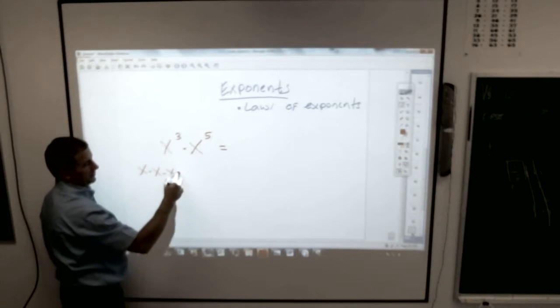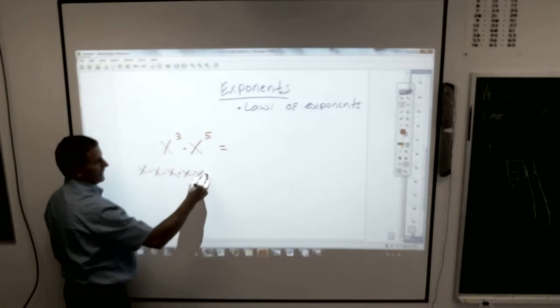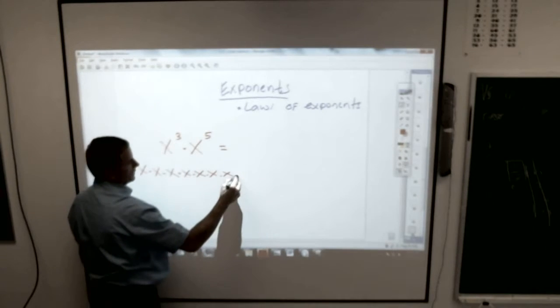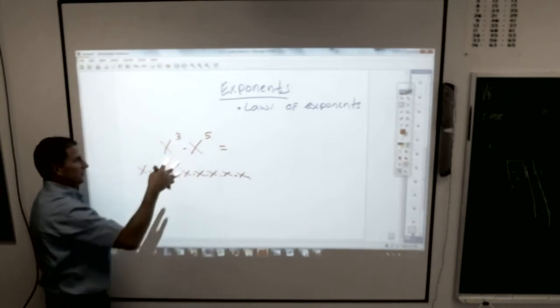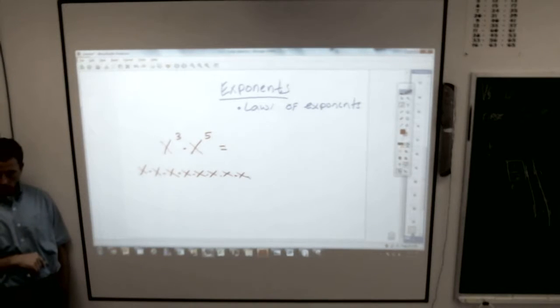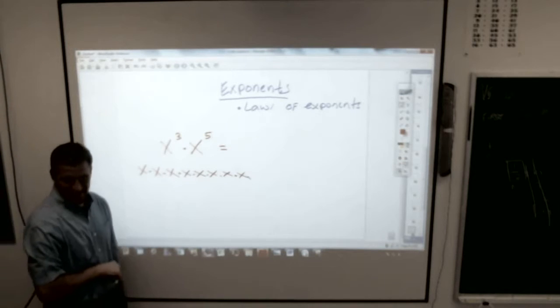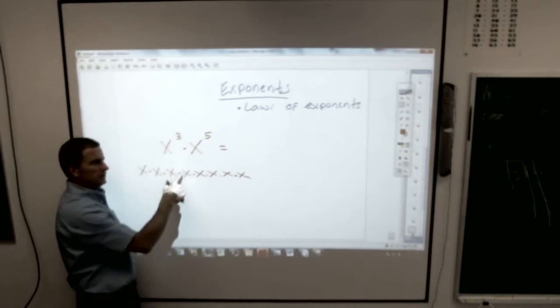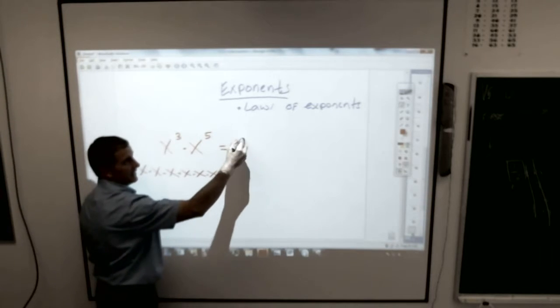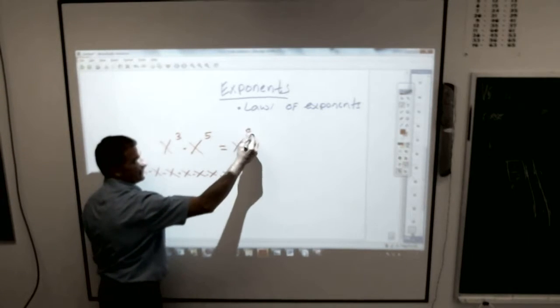X to the fifth power means you're taking 5 more x's times them. So if you multiply x to the third times x to the fifth, you end up with how many x's? 1, 2, 3, 4, 5, 6, 7, 8. 5 plus 3, x to the 8.